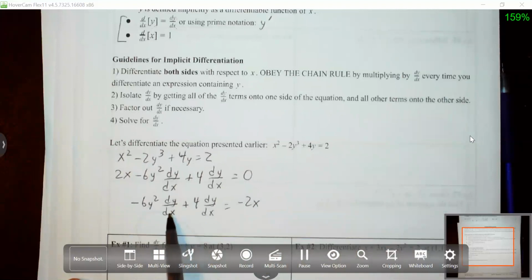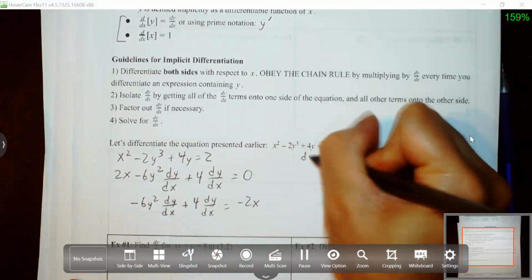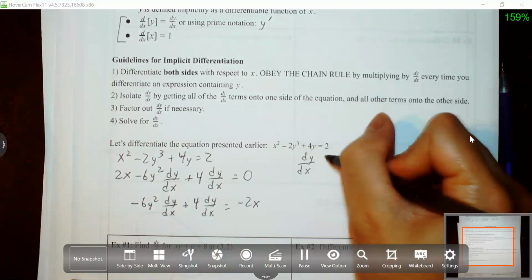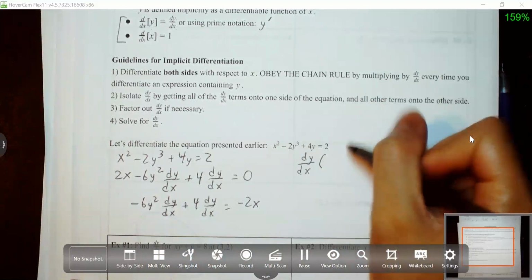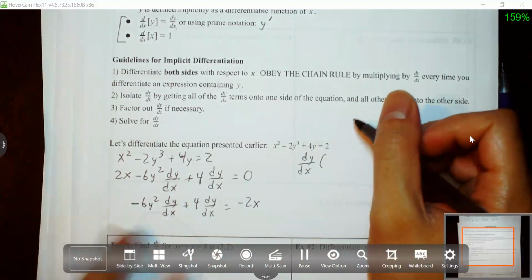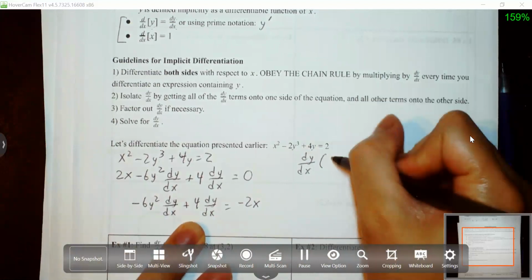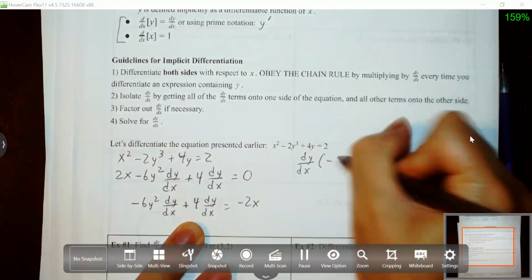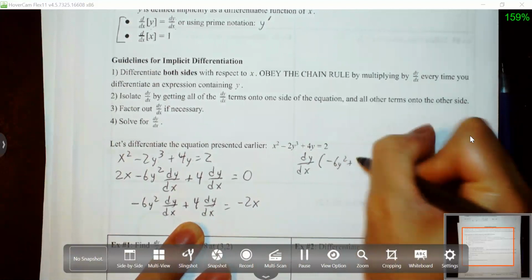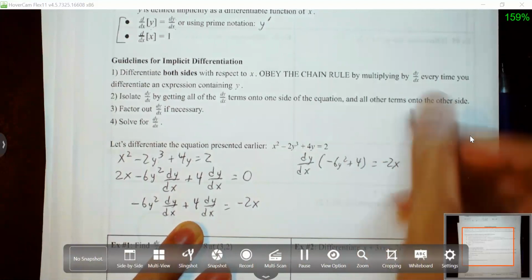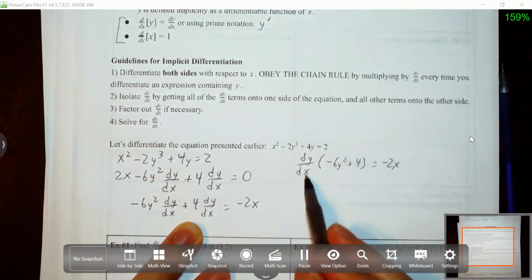Now I need to solve for dy/dx. So there's one here, there's one here. What I'm going to do is I'm just going to factor it. And so I'm left with minus 6y squared plus 4. And then now I just need to get dy/dx by itself.